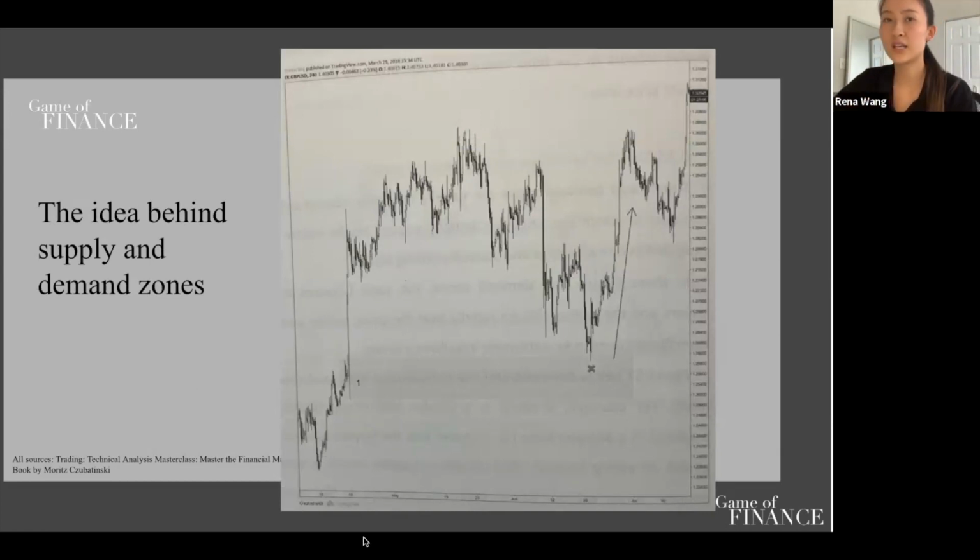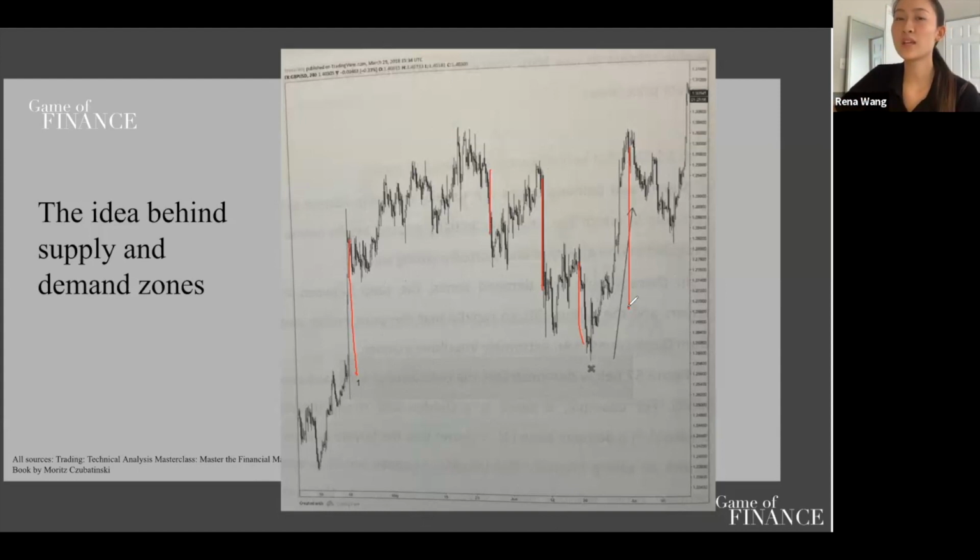As you can see here, in these supply and demand zones, the ratio between the buyers and sellers shifts so rapidly that the price moves away from these areas in an extremely impulsive way. These sharp changes indicate a very impulsive shift in supply and demand.